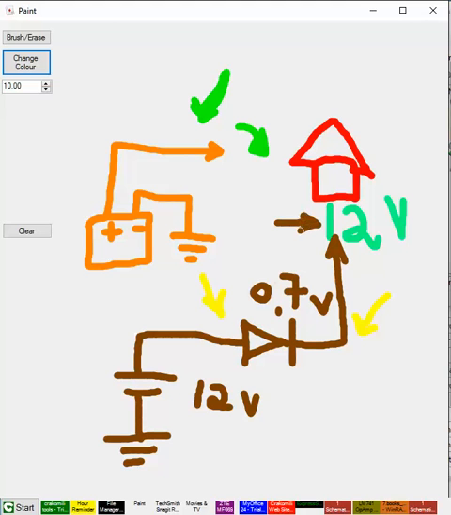So the left side, where this arrow is, should be 0.7 volt above the right side in order for the current to flow.